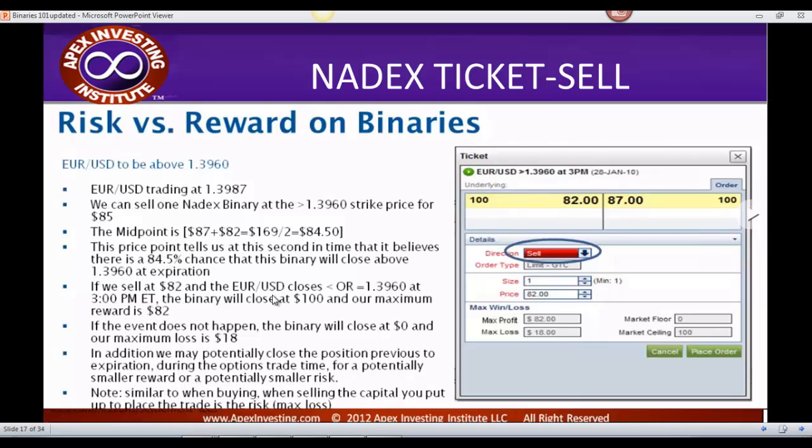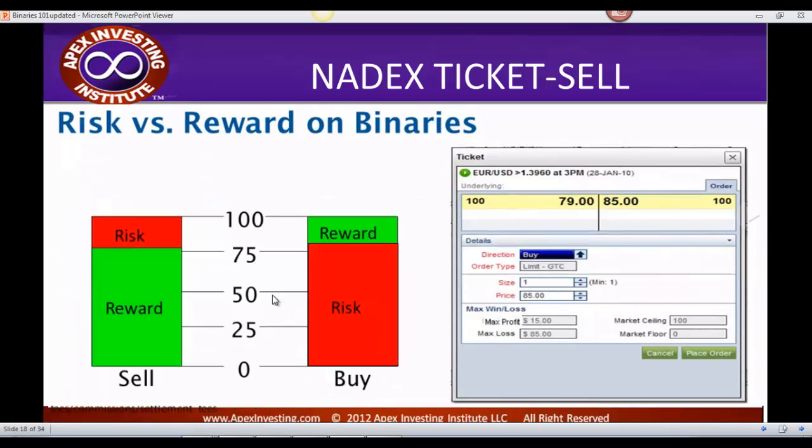All right. So once again, and you'll see the opposite right here. See, on this ticket here, we've got it filled out as a buy. So again, it shows you. So you want to buy. This example, max profit 15, max loss 85.